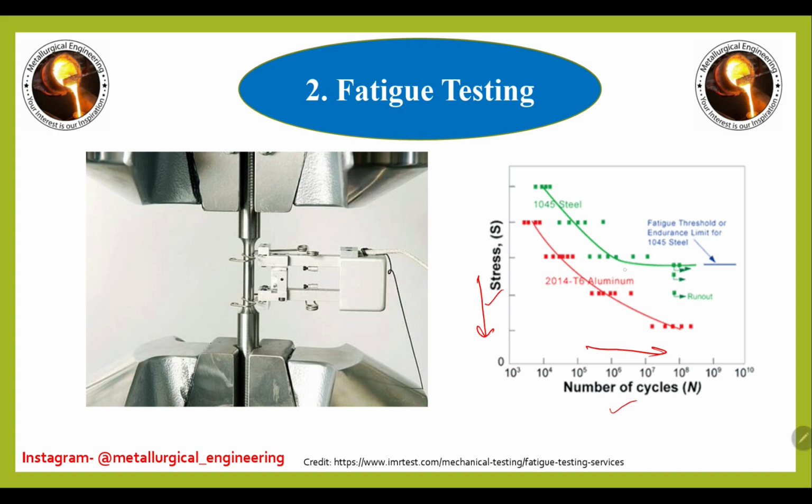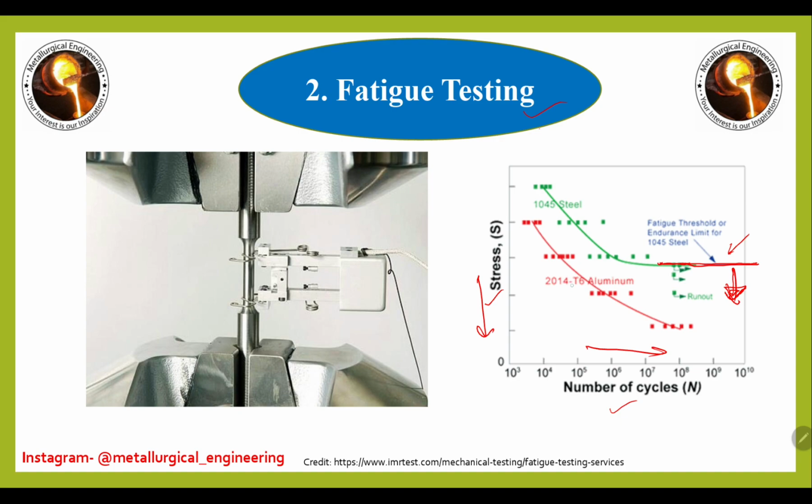Here, this curve is for steel. For steel-like material we get a flat line. Below this is called the endurance limit. Below this stress, the fatigue crack will not grow, or the fatigue loading is not important. The component can take an infinite number of cycles.